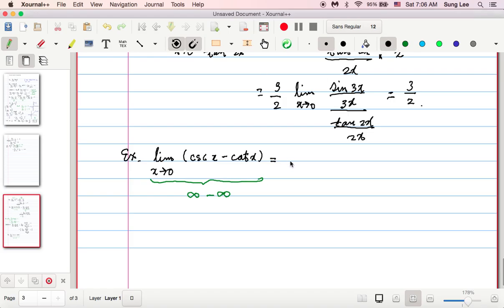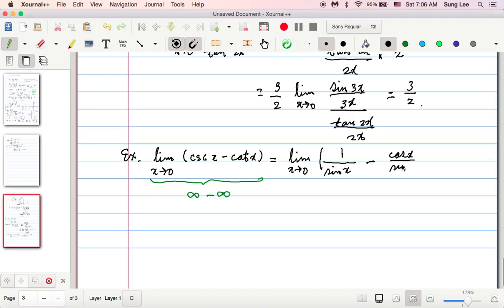So this equals the limit. Let us write down each one of those functions, cosecant x and cotangent x, in terms of sine and cosine. So cosecant is 1 over sine of x minus cotangent, which is cosine x over sine of x.